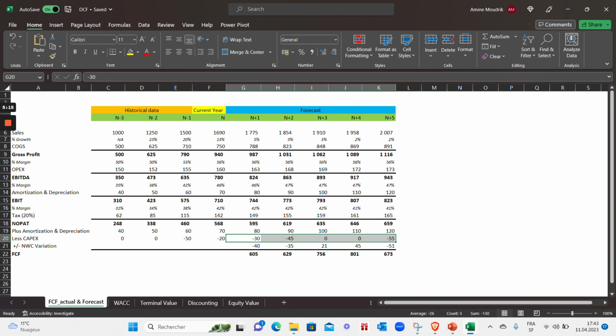Bear in mind that any increase in net working capital would be a minus, and any decrease would be a plus. Then we define our free cash flow.